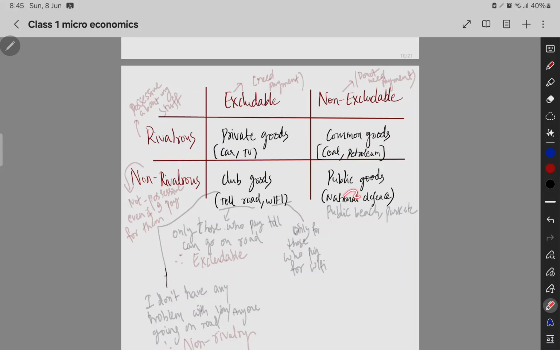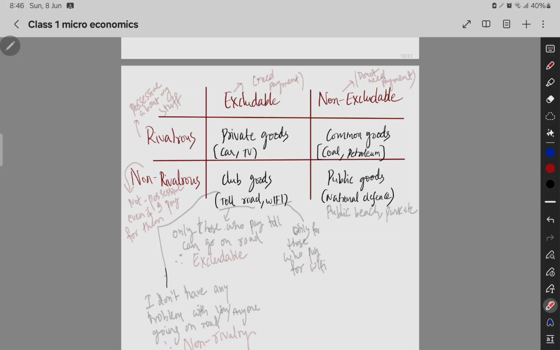For example, I am taking defense. Do I need to give a payment? National security is for everyone, so I need not do any payment. Common goods like a public park: why do I need to pay for a public park? No. So public goods are also non-excludable.